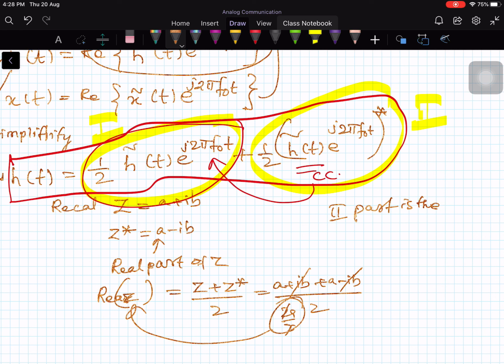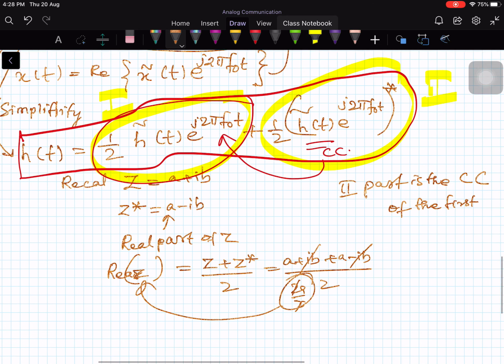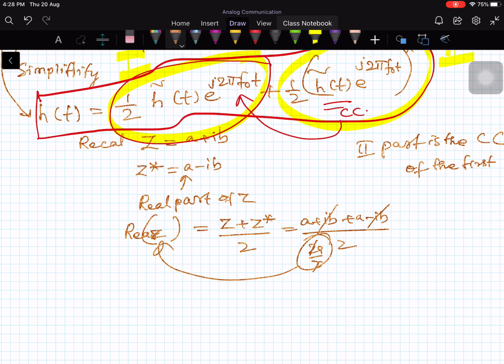Let me put cc, which means complex conjugate of the first part. Therefore h of t I can write as 1 half h tilde of t e to the j2 pi f naught t plus the complex conjugate of the first part.